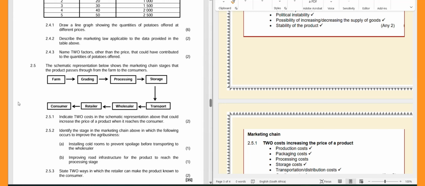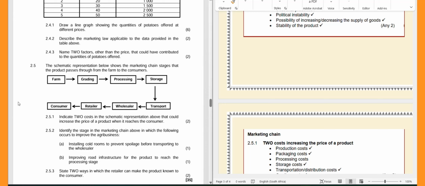Okay, then we'll be paying them for the service that they provide to us. Okay, meaning we will be outsourcing maybe the trucks from other companies, right? So that will include the transportation cost.